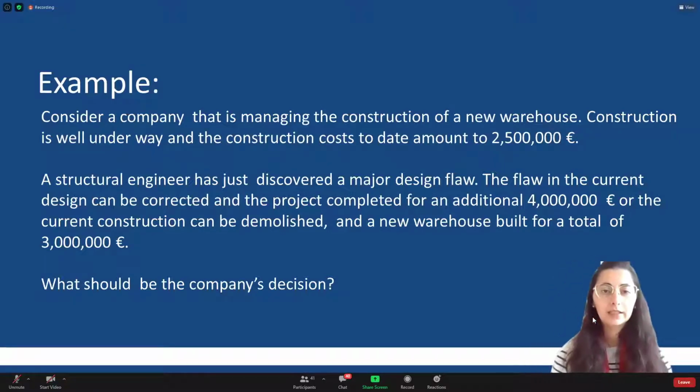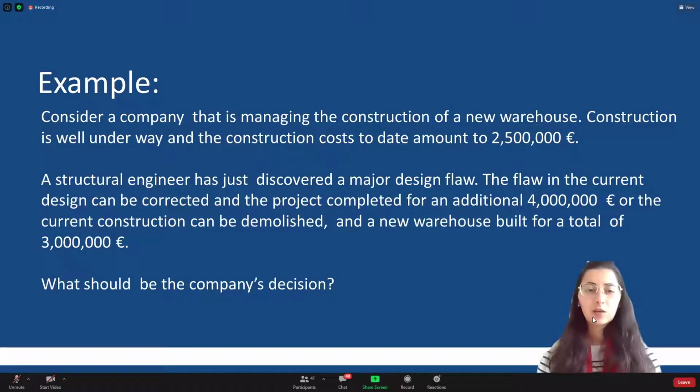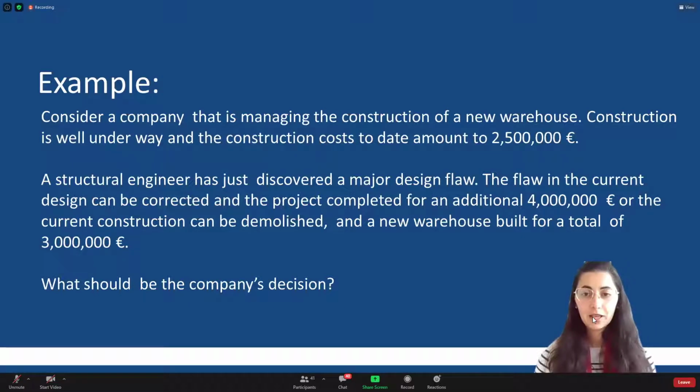Let's consider a company that is managing the construction of a new warehouse. Construction is well underway, and the construction costs to date amount to 2.5 million. A structural engineer has just discovered a major design flaw, and the flaw in the current design can be corrected and the project completed for an additional 4 million.